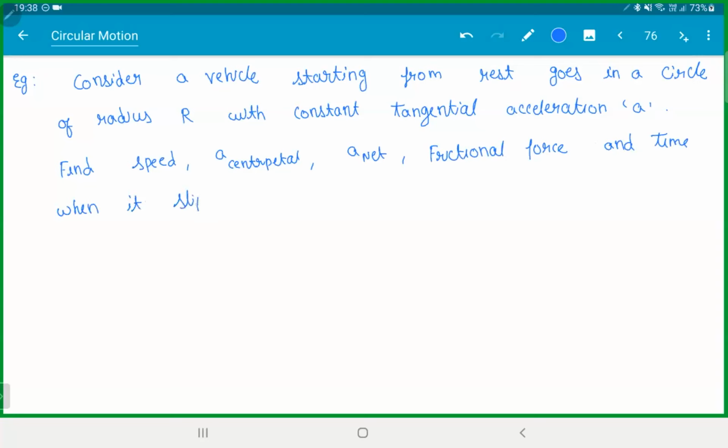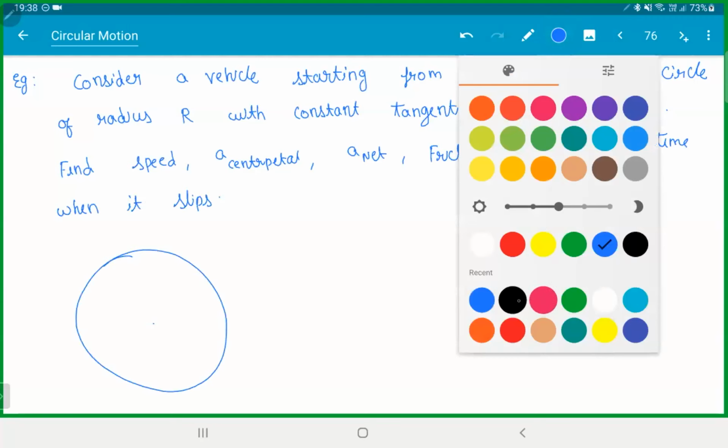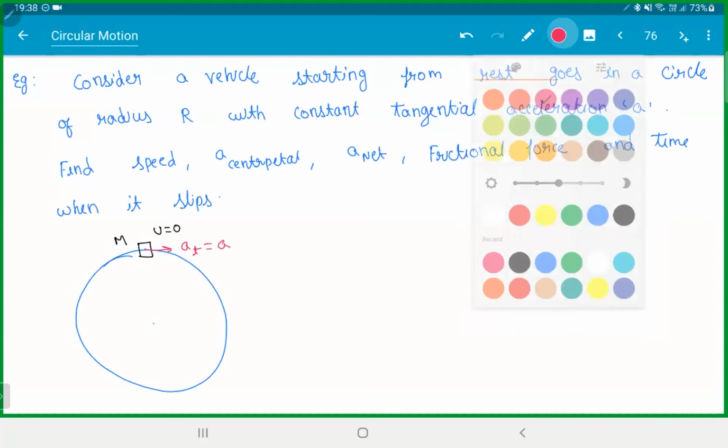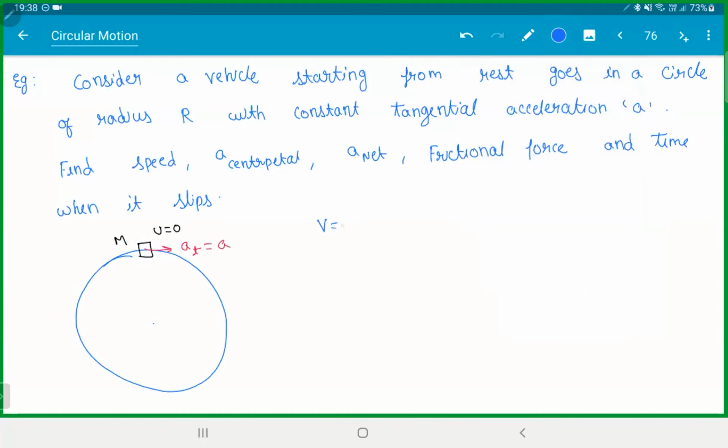So let me show you how this works. When this guy is going in a circle, let the mass be m, initial speed is 0. You're going with a tangential acceleration, which is equal to a. Since the acceleration is constant, we can use the formula v is equal to u plus at. We get v is equal to at. This is the speed.